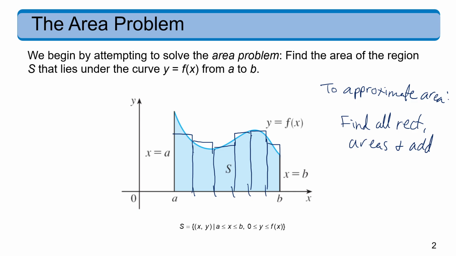I just wanted to mention that the approach we're taking to solve this problem uses a similar strategy to the method we used to solve the tangent problem, finding the slope of a tangent line. If you remember when we first devised our strategy there, we started by approximating the slope of the tangent line by using the slope of a secant line. We're doing the same thing here.